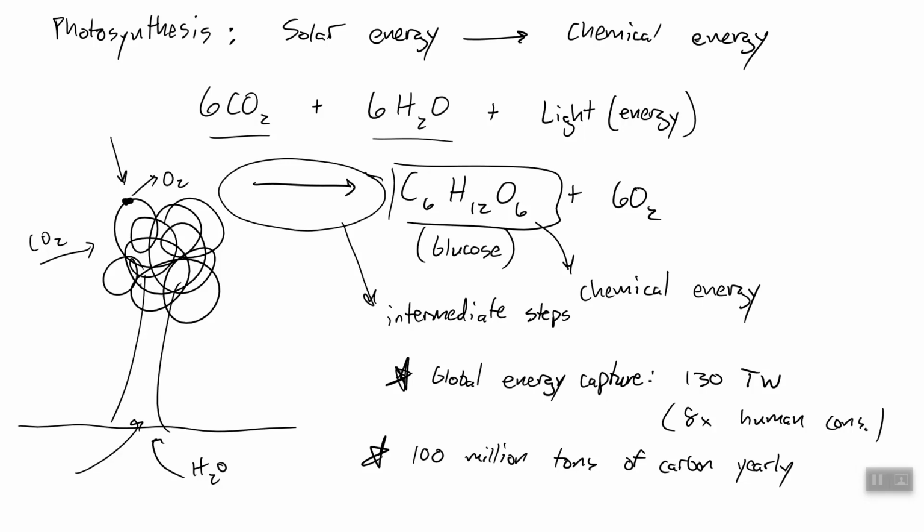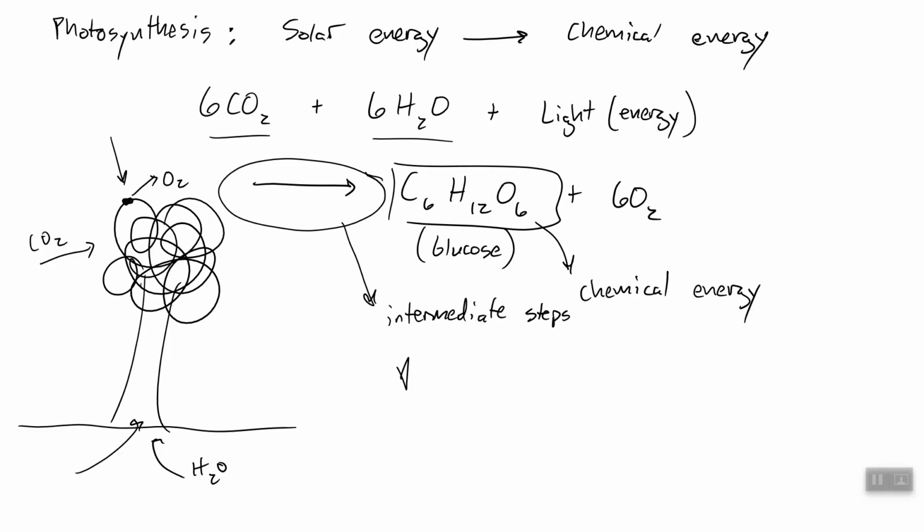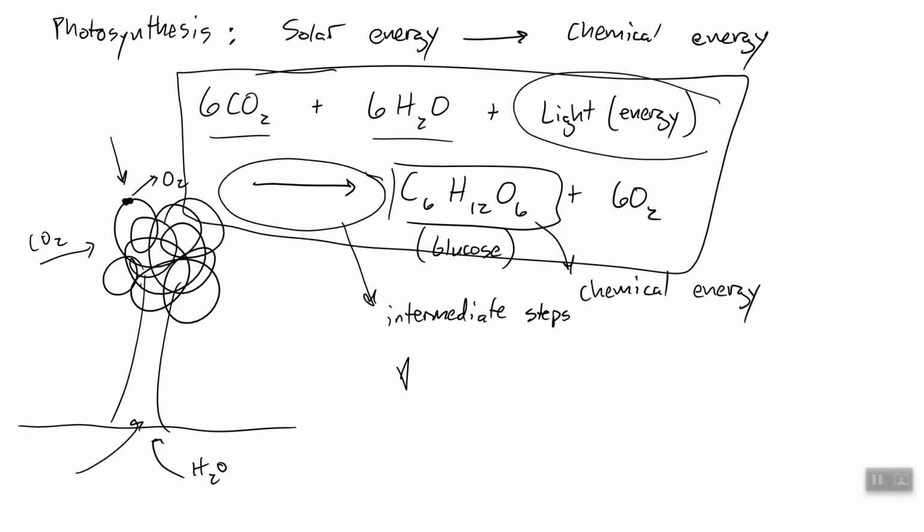Okay, but let's talk about some of the things about photosynthesis we don't always hear about, specifically how inefficient the process actually is. So before we can learn about that, we have to learn about photorespiration. Okay, so you see here in this chemical reaction, we need a specific amount of energy so that the energy at the end of the reaction and at the beginning of the reaction are equivalent.